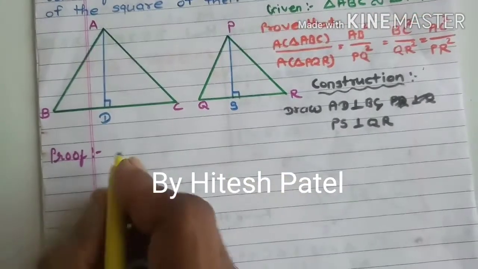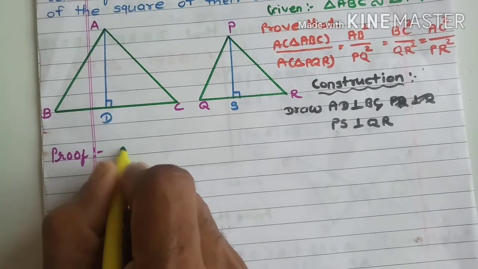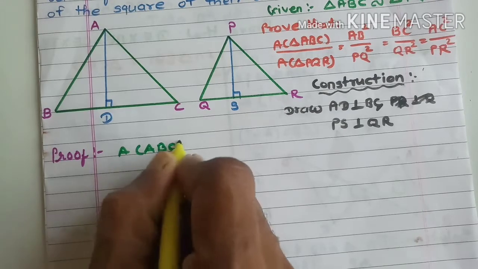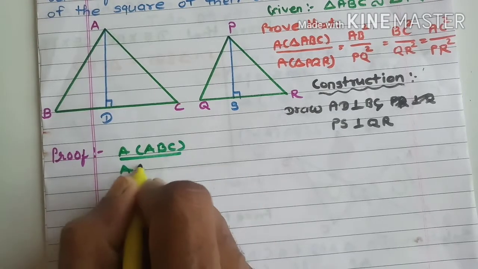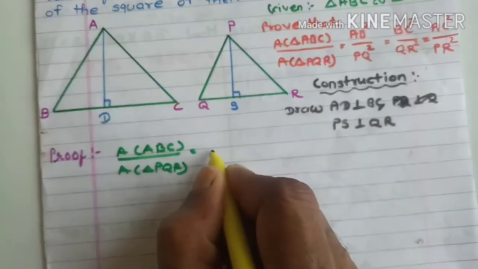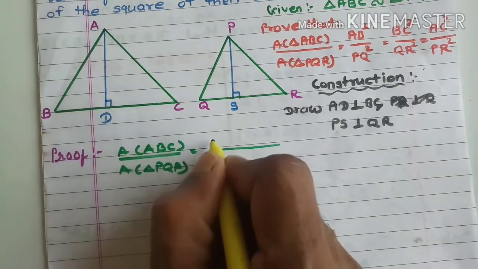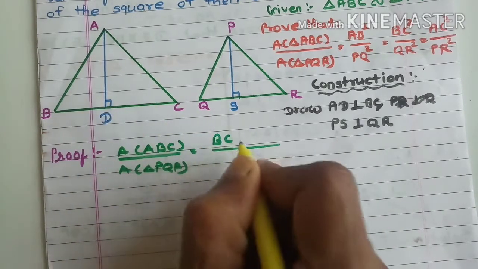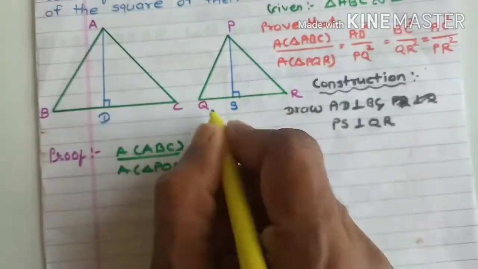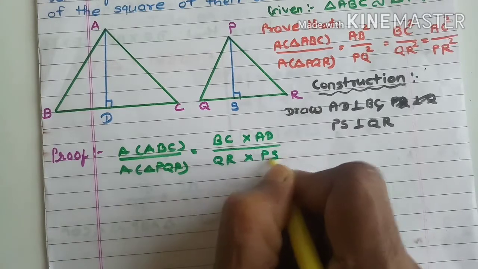So to prove this, the area of triangle ABC upon area of triangle PQR is equal to base and height of ABC. Base is BC and the height is AD, and in PQR, base is QR and the height is PS.